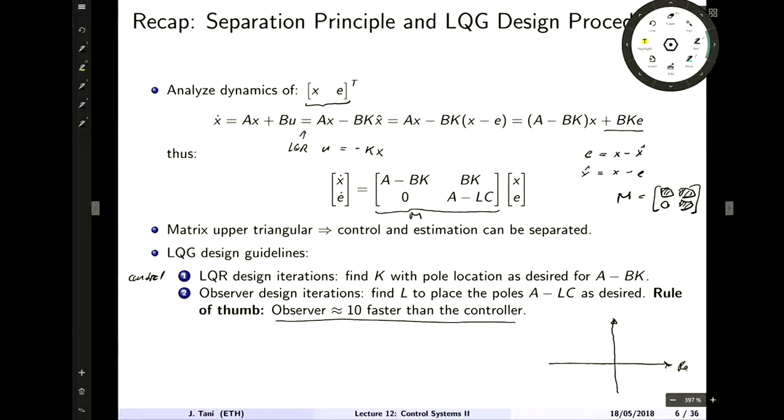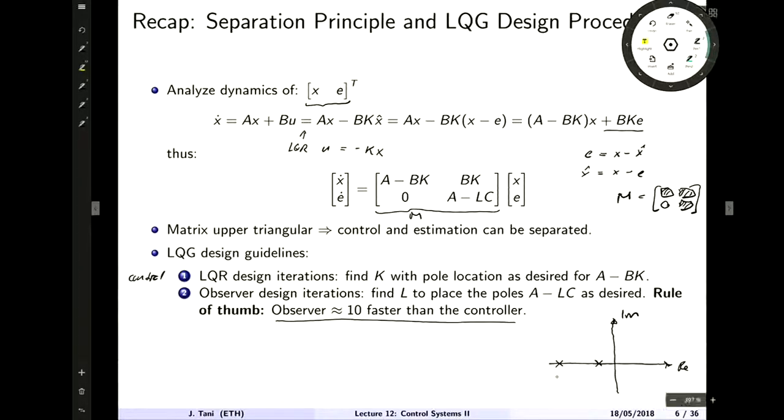So we have the real axis here and the imaginary axis here. So remember these plots from Control Systems 1. Now, if this is a pole and this is a pole, which one is faster? The one on the left, right.